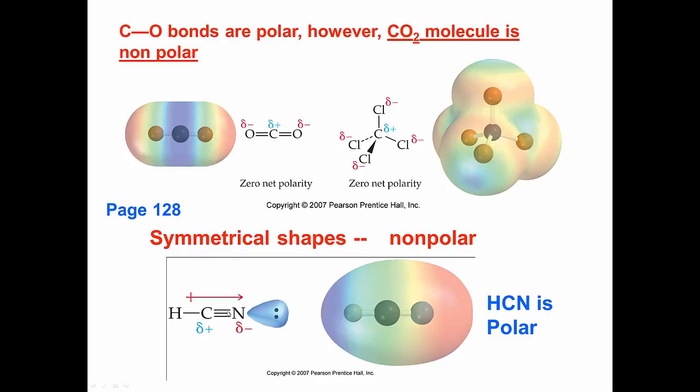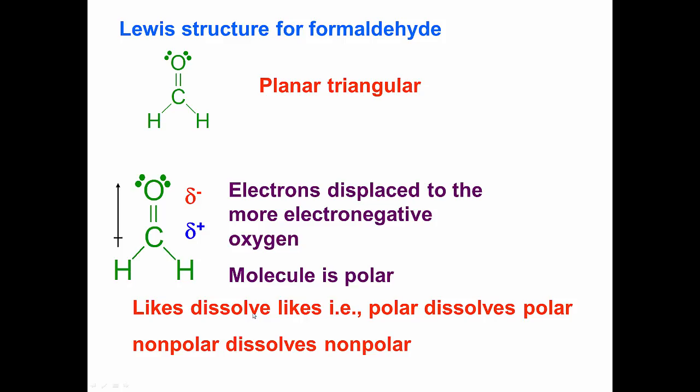Here's another linear molecule. In this case, we have the very electronegative nitrogen pulling the electrons towards itself. This molecule here is polar. Again, when you have a linear molecule, and if the atoms bonded to the central atom are different, you're going to have a polar molecule. Let's take a look at formaldehyde.